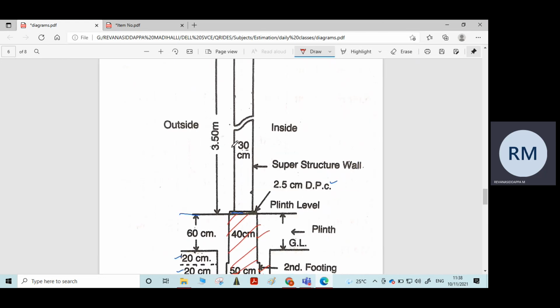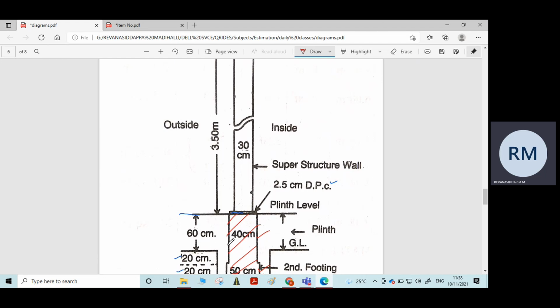With respect to the plastering, if it is inside the wall, meaning the inside surface of the wall, then whatever the height of the wall is, to that height only we will provide the plastering. If it is outside the wall, then what will happen? The plastering needs to be provided at the plinth as well. Correct?